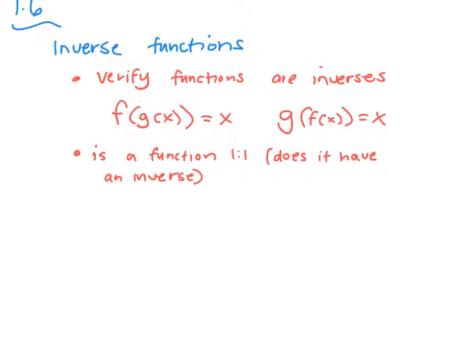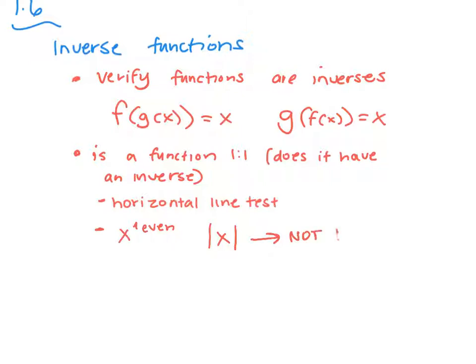And this is your horizontal line test. The x can't be raised to an even power or in absolute value, because then it would fail your horizontal line test, and then it can't have an inverse.